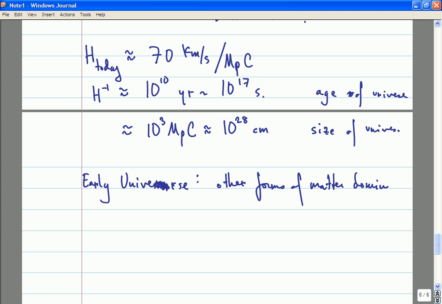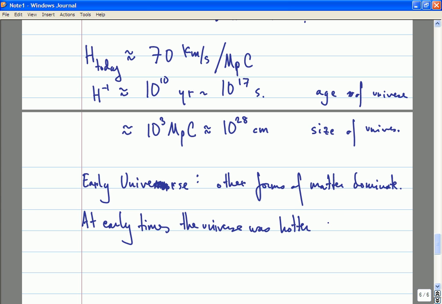So in particular, as we look backwards in time, not only did the universe get smaller, but it also got hotter and more dense. So at early times, the universe was hotter than it currently is and denser.